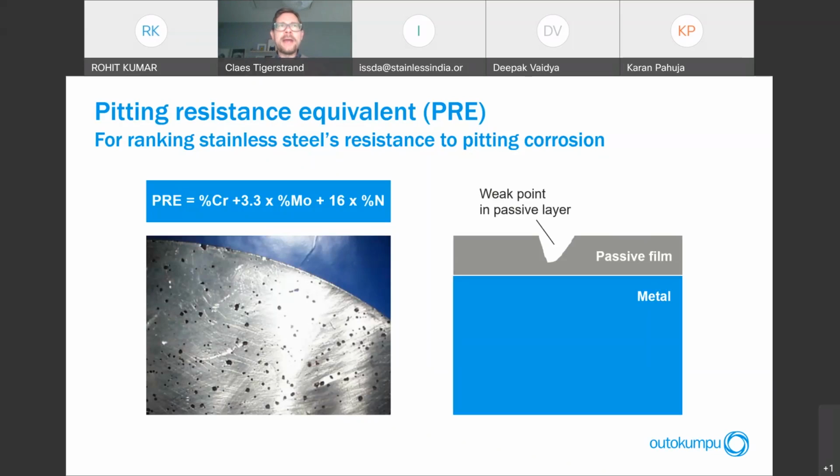What I talked about when you're adding at least 10.5% chromium is that you will create this passive film when you have oxygen present. Unfortunately, this passive film is not perfect. There are weak points in the passive layer. It can be due to inclusions and other particles being there that will actually make the film weaker, so it's thinner at some location.